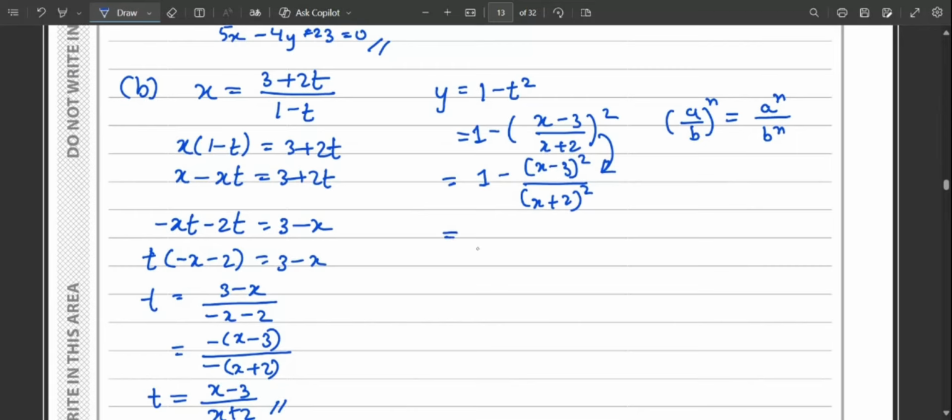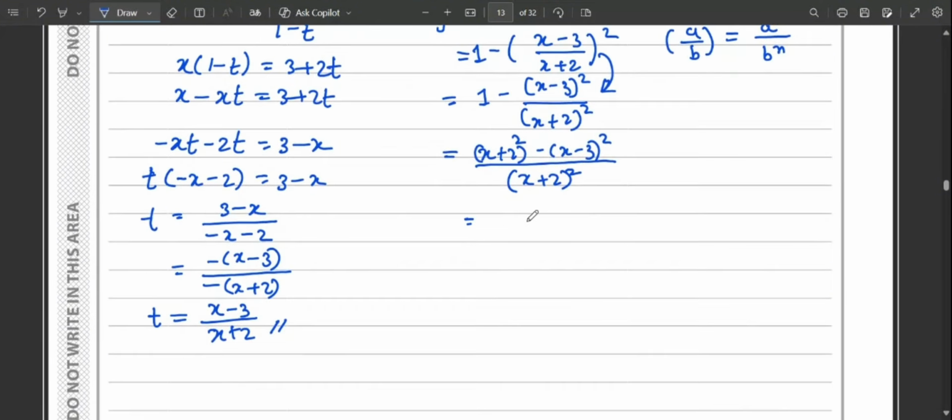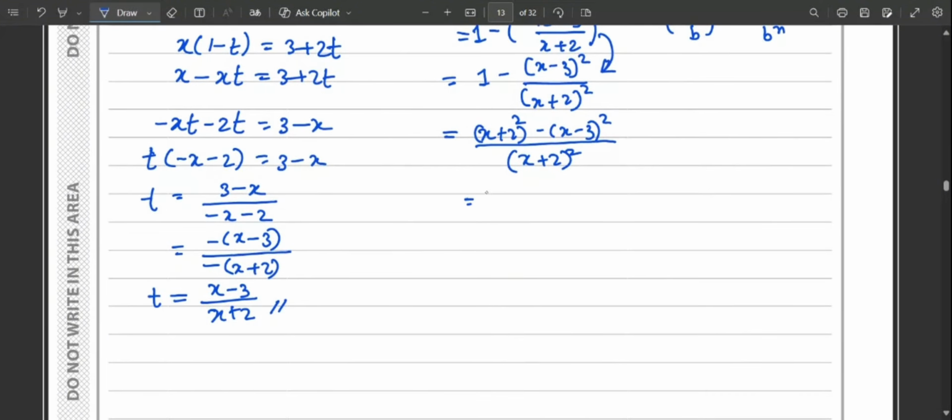Now I can further simplify. I can combine these fractions. I can now expand and simplify.